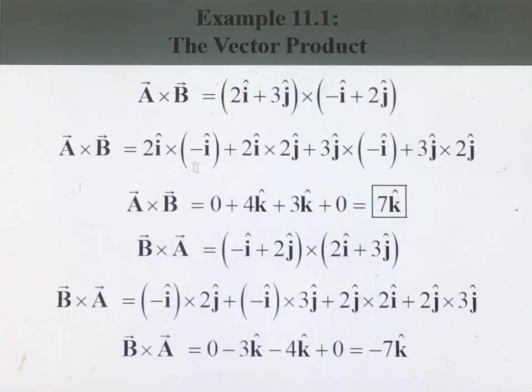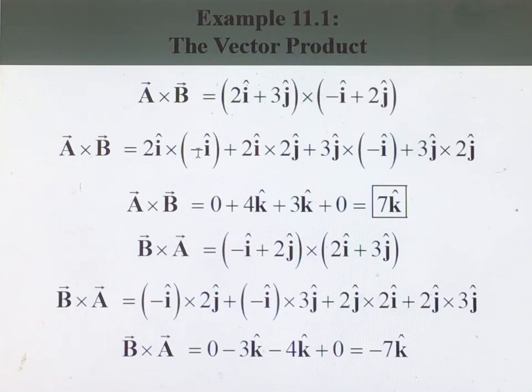Now, let's take vector A cross B. When I take vector A cross B, I just rewrite everything like this, and then I can take the terms. For example, I take i with negative i. Basically, you're just distributing everything.